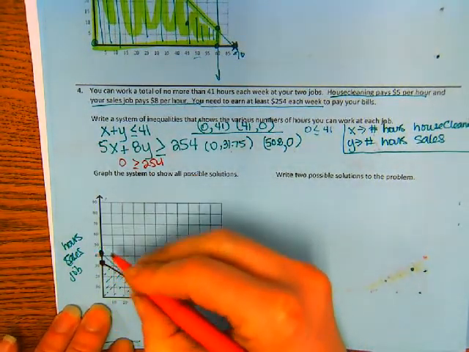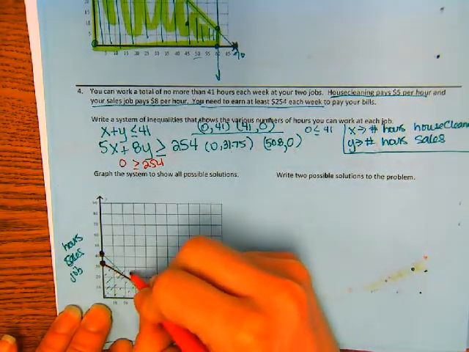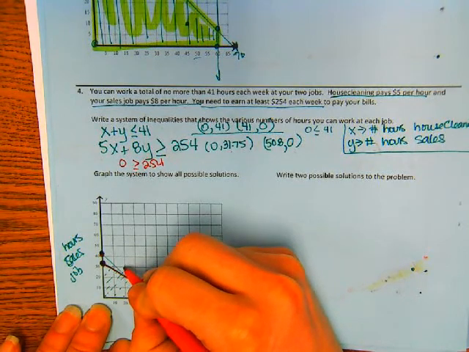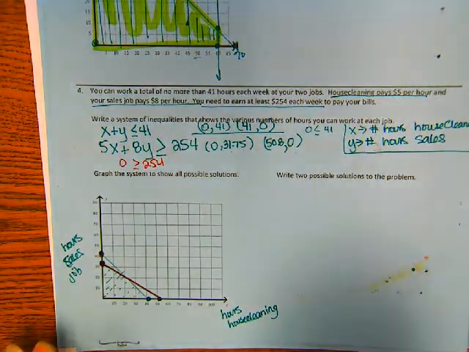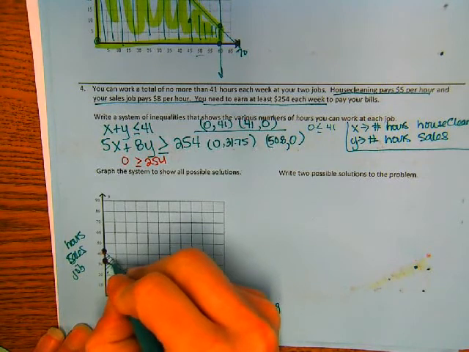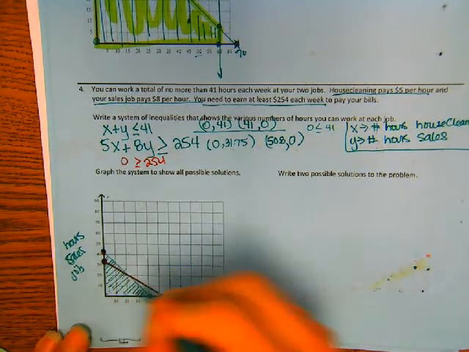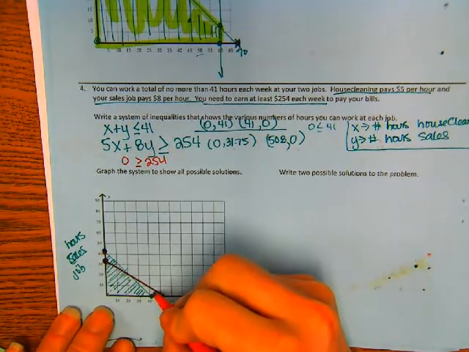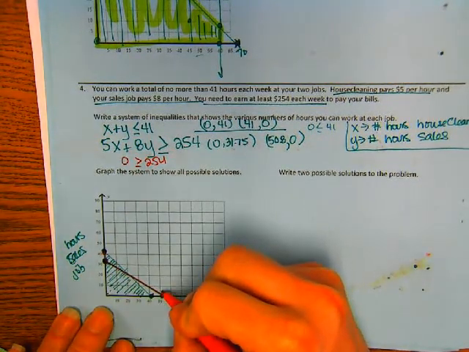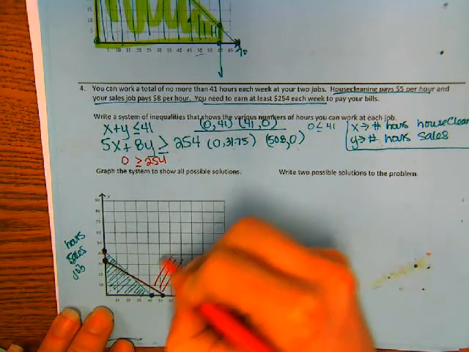What that tells me is I'm not going to shade below the red line, but above it. So keep in mind, I want to stay below this green line, okay? Remember again, below the green line. And above the red line.